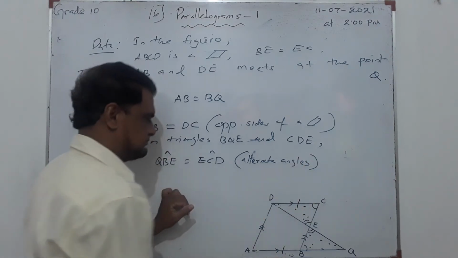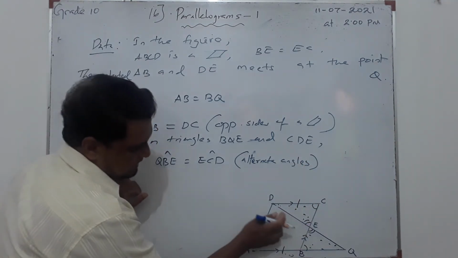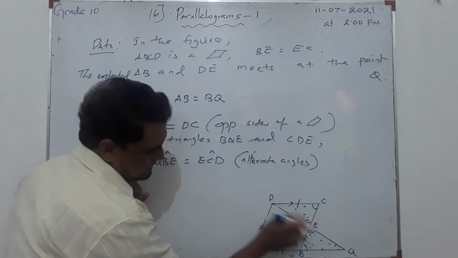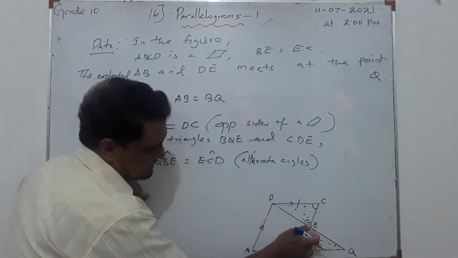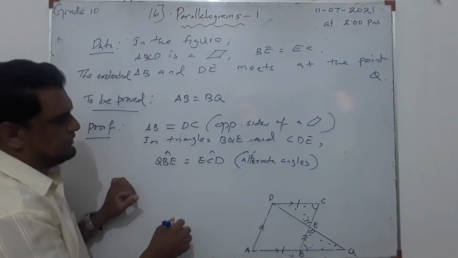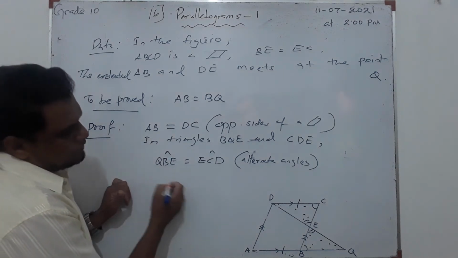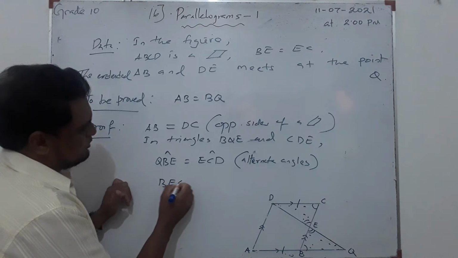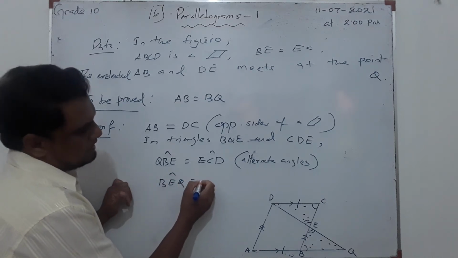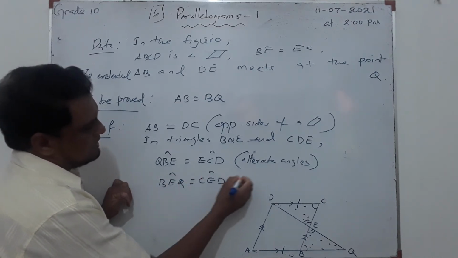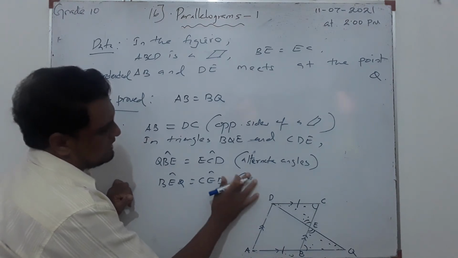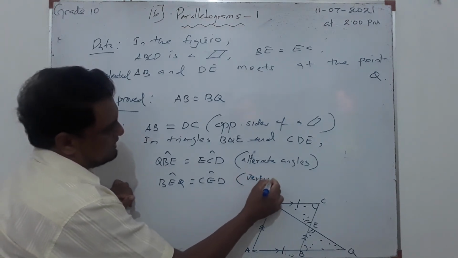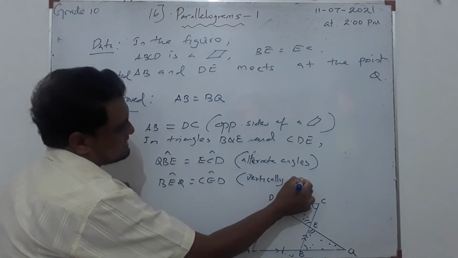The second one, you can write this one is equal to this one, or this one is equal to this one. So you can choose one of them. So we can select angle BEQ equal to angle CED. The reason is vertically opposite angles.